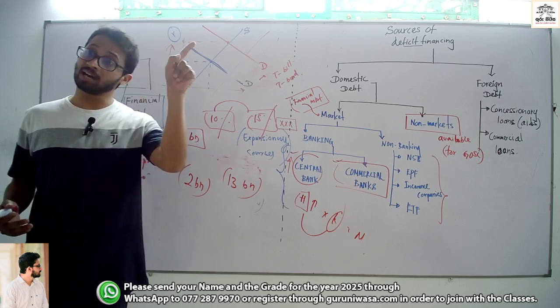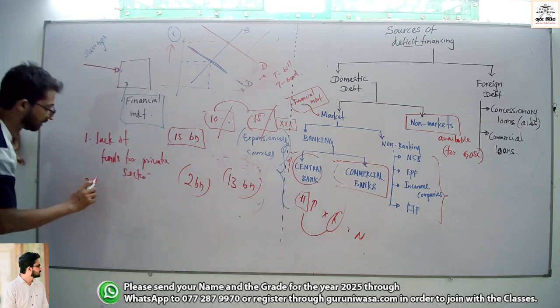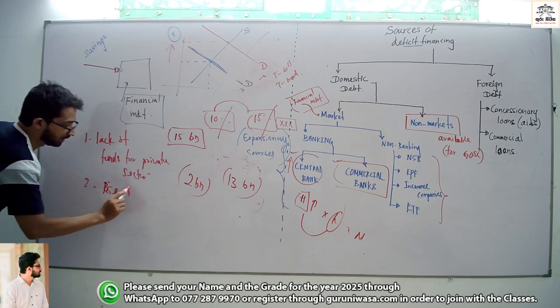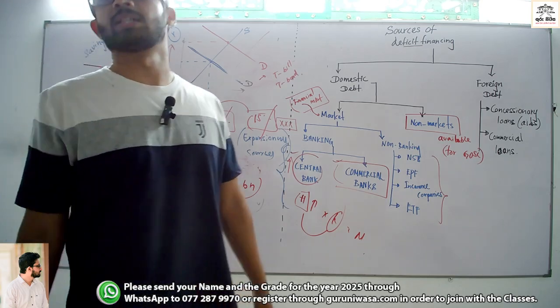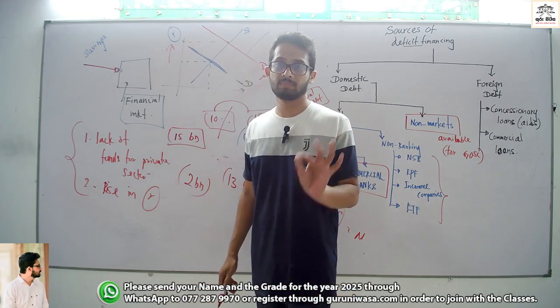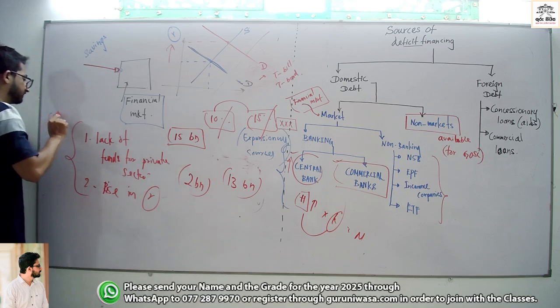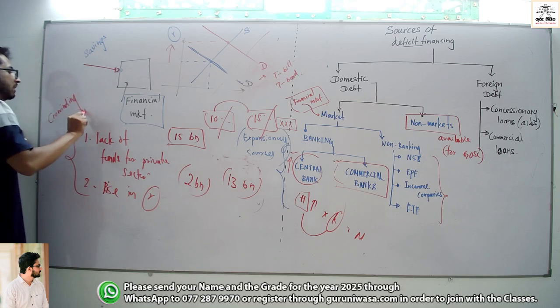When interest rates are high, investment is discouraged. So the second disadvantage is the rise in R, the interest rate. Both of these disadvantages on the private sector are called the crowding out effect. What effect? Crowding out effect.